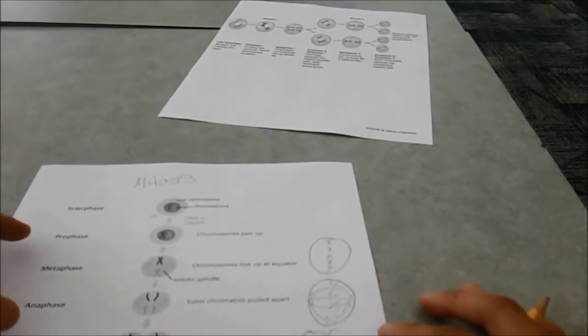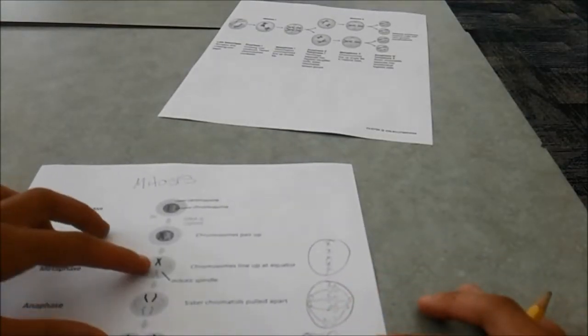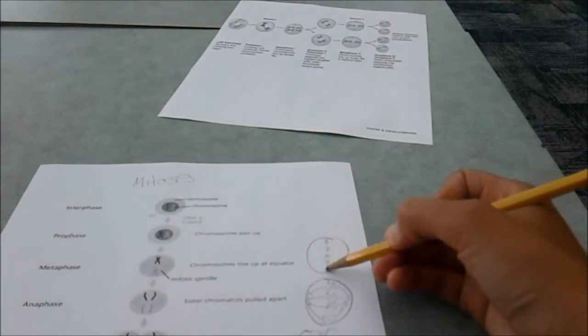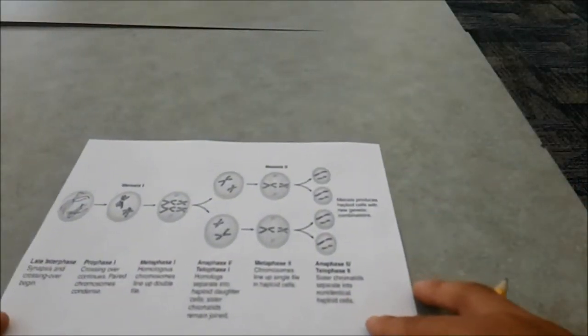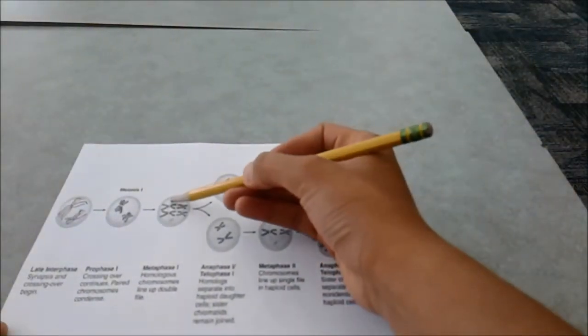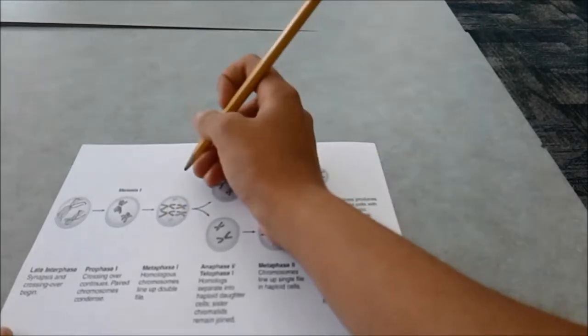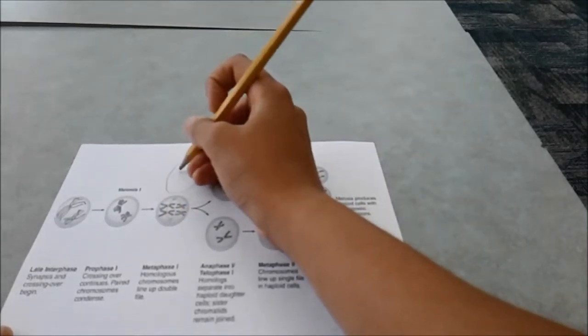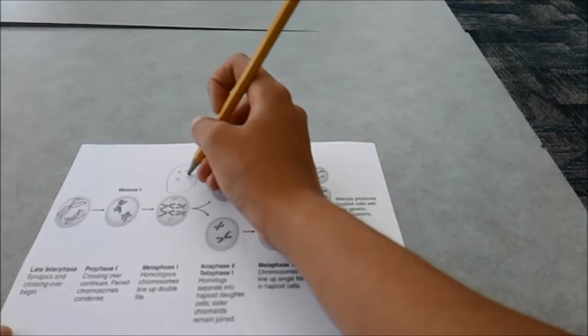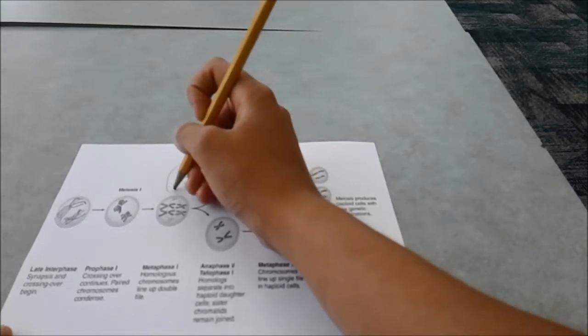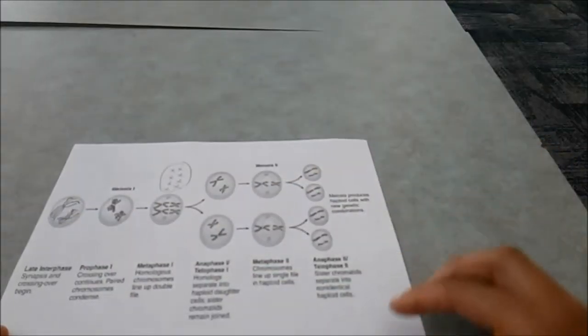The sister chromatids in metaphase were in one single line, as you can see right here, one single line. But in meiosis, they line up in two double lines. So that would look like this. But they're still lined up in the middle as with mitosis.